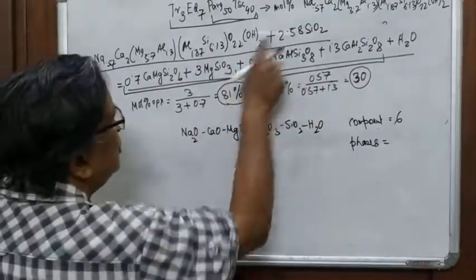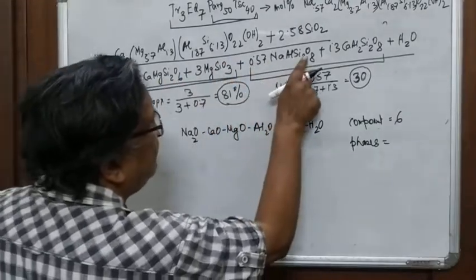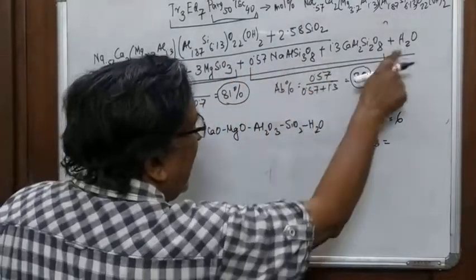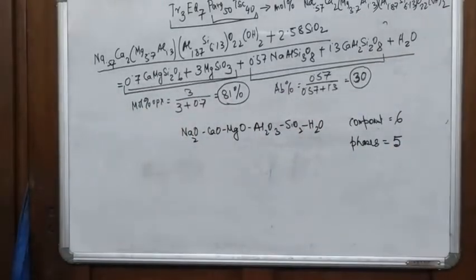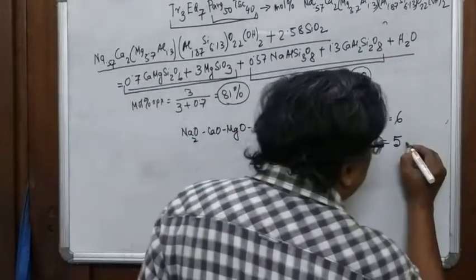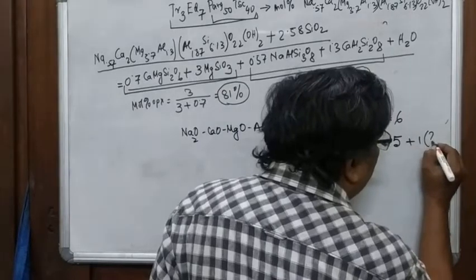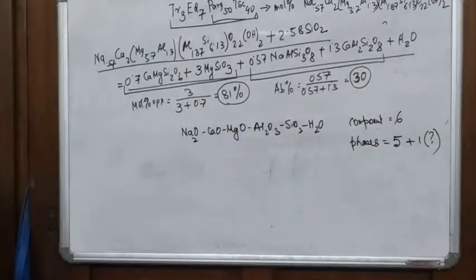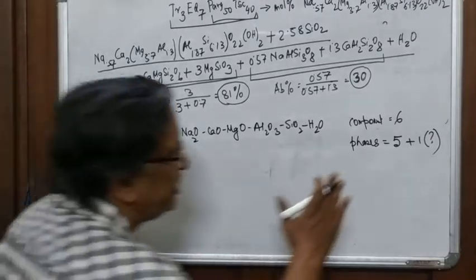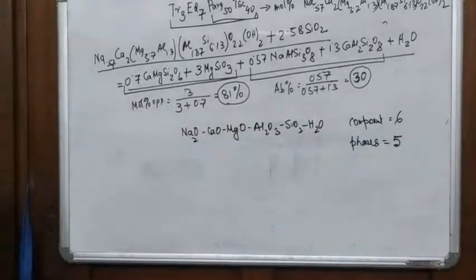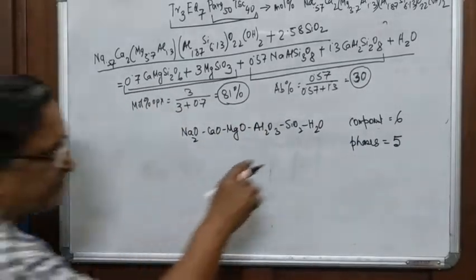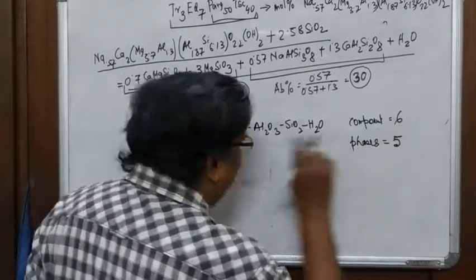So 1, 2, 3, 4, 5. So 5 solid phases, and the fluid phase is a question mark, because we don't know whether it was a fluid present or a fluid absent situation. So we don't see H2O, we will keep it as 5. Right? So you have a 6 component system, 5 phases.